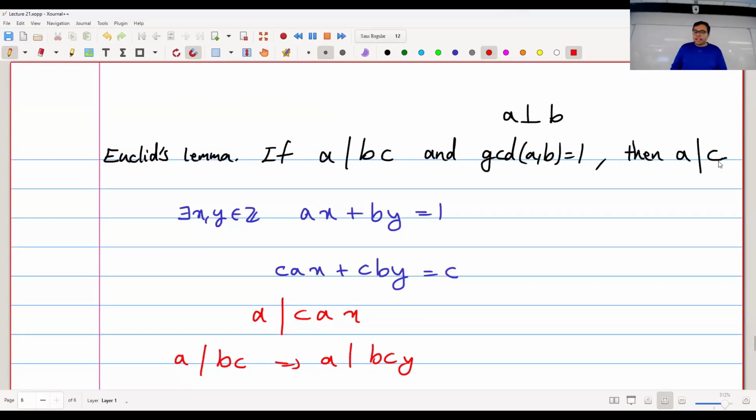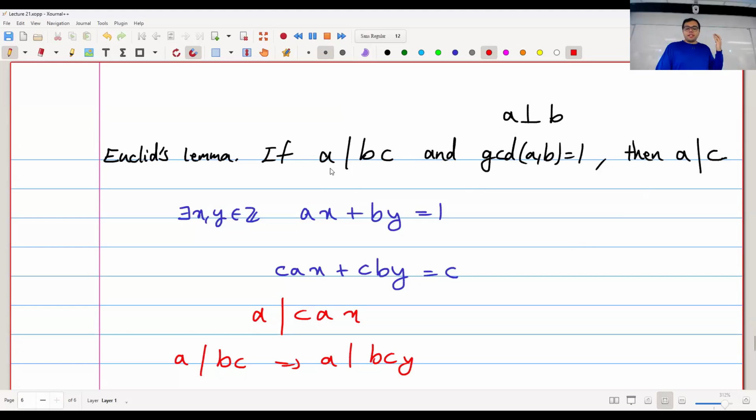Okay. Again, if we could look at the prime factorization of these numbers, which is what we're going to see in the afternoon, I could say, look, A divides B times C. So if I look at the power of any prime number in the factorization of A, it's going to be less than or equal to the power of the same prime number in the factorization of B times C. But then when I say A and B are co-prime, it means that they don't have any prime numbers in common.